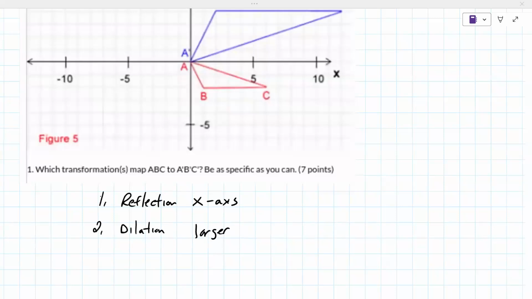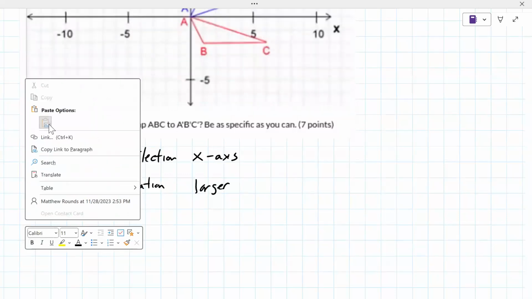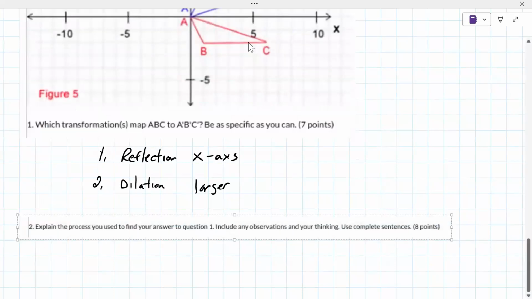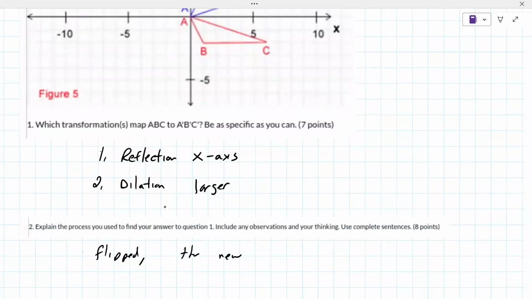Now that I'm sort of getting a sense for what they're looking for, with question two, we want to say that it's kind of the second word here. It's flipped and the new image is larger than the original.